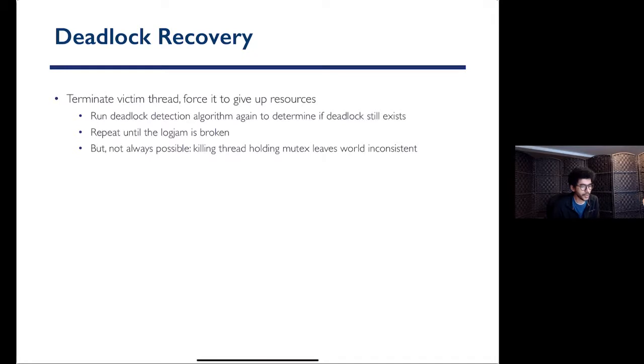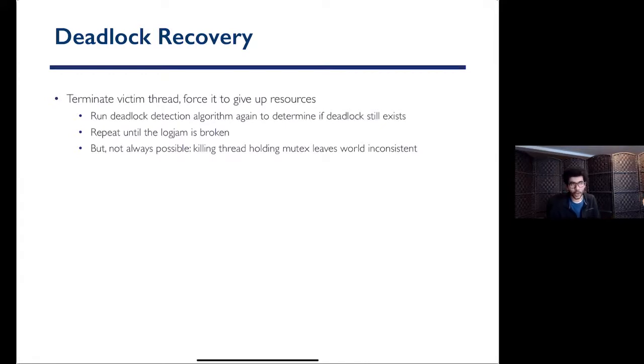The other thing is that you sometimes have to make sure that this victim, if chosen, killing it would help us get out of the deadlock. If you randomly choose a thread, killing it might not be helpful to break the cycle.